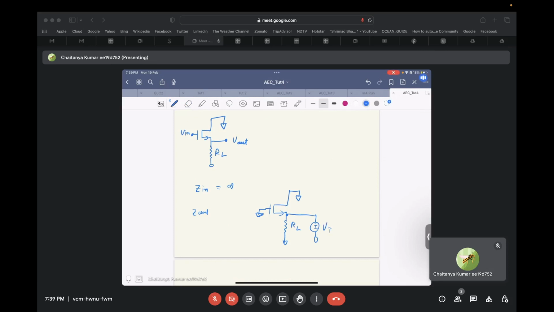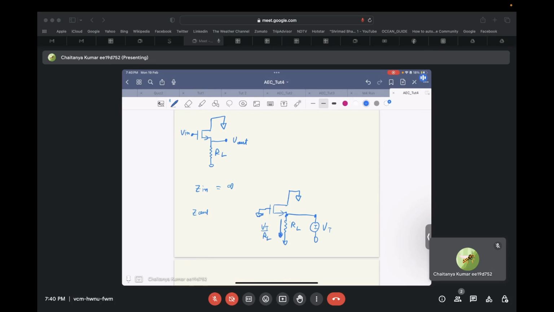The test voltage that we apply at the source will result in a current going into the RL, that will be Vt by RL.